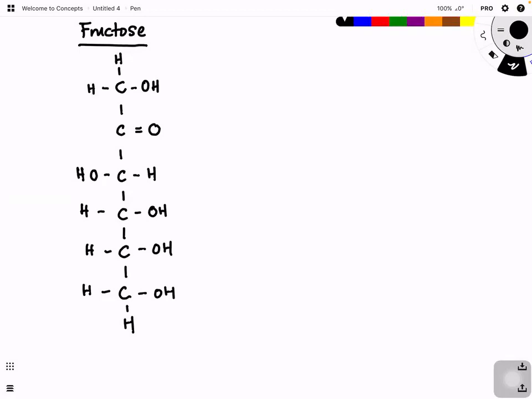But now what we're going to look at here is, let me label the carbon. So this is carbon 1, carbon 2, carbon 3, carbon 4, carbon 5, carbon 6. The carbonyl group is at carbon number 2. Therefore, we are going to join carbon 2 and carbon 5 together.